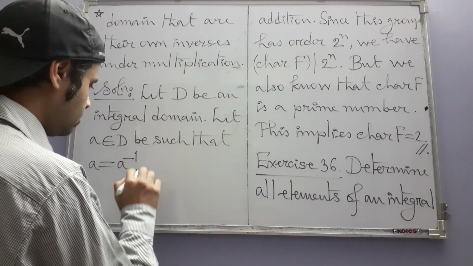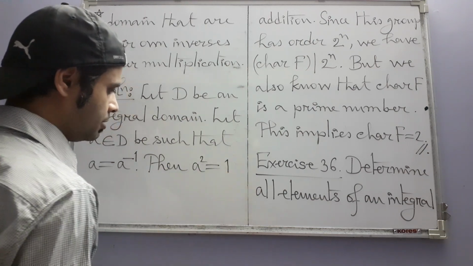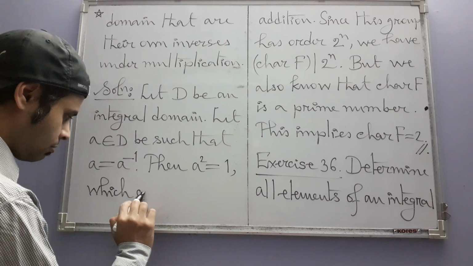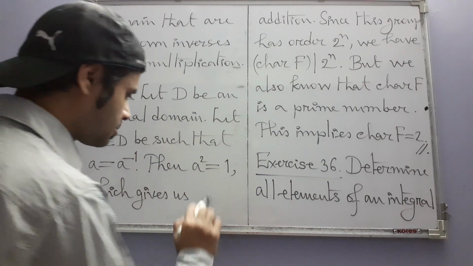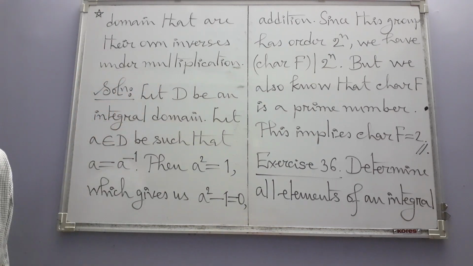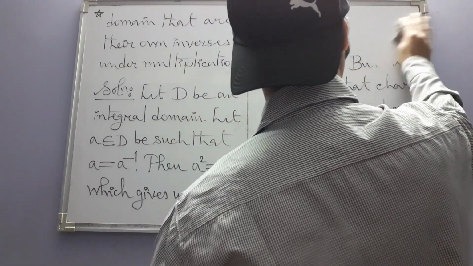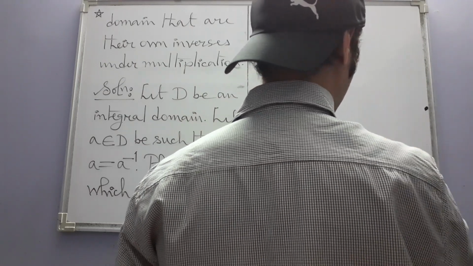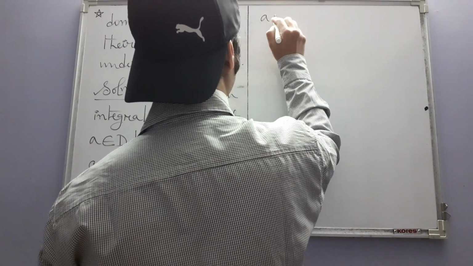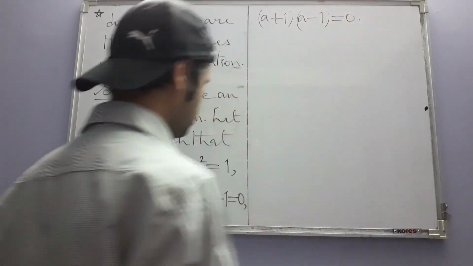Okay, then multiplying on both sides by A we get this, which gives us A squared minus 1 is equal to 0, or A plus 1 times A minus 1 is equal to 0.